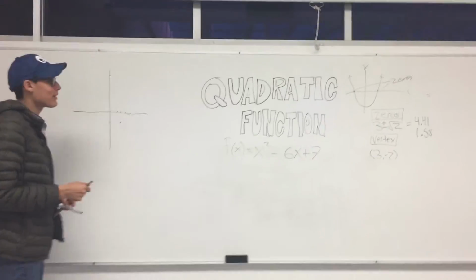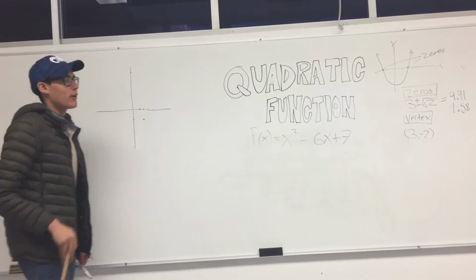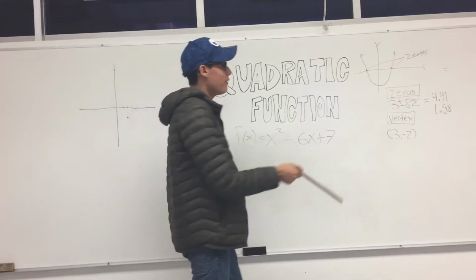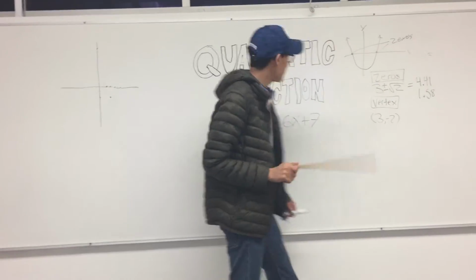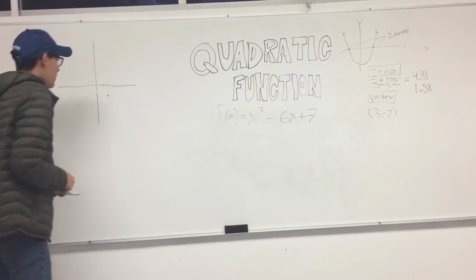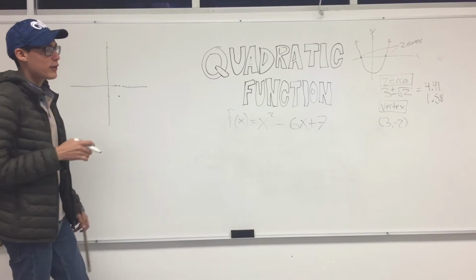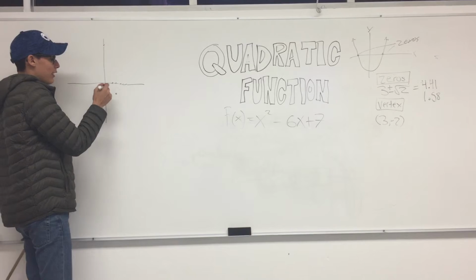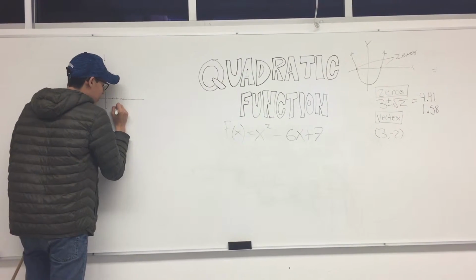Hello there. So now I'm going to tell you how to graph what my previous classmates showed, once we know the vertex, the zeros, and the y-intercept, which is 7. So let's start. Our vertex is located at the coordinates 3 and minus 2. So we go 1, 2, 3, and 1, 2. So here is our vertex.